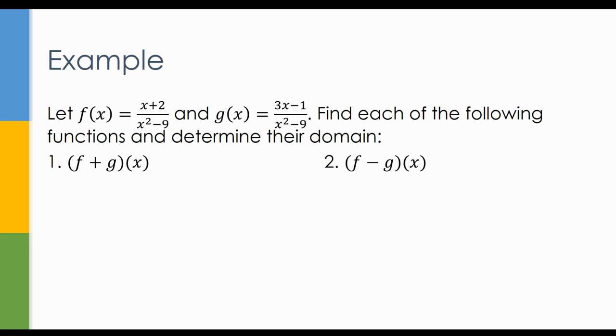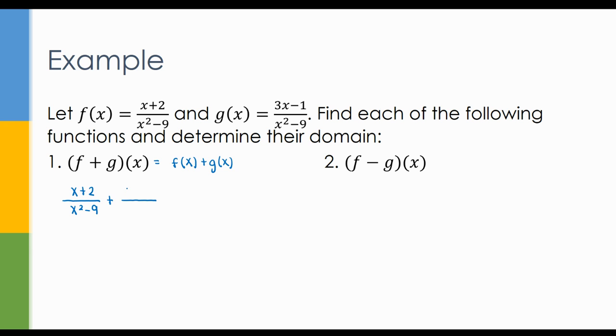All right, let's take a look at one more set of functions. We've got f of x equals x plus 2 all over x squared minus 9, and g of x equals 3x minus 1 all over x squared minus 9. So when we are adding f of x plus g of x, the nice thing is that we are dealing with fractions, but our denominators are the same.